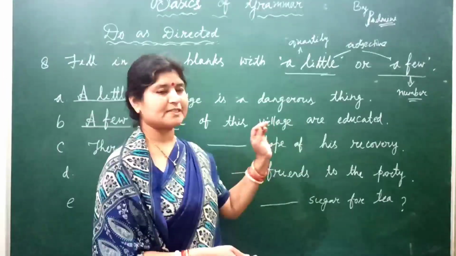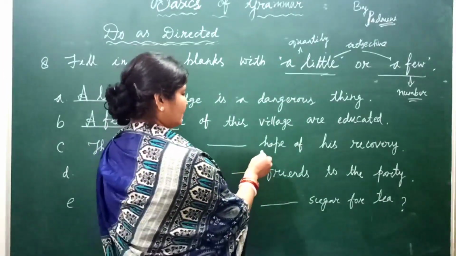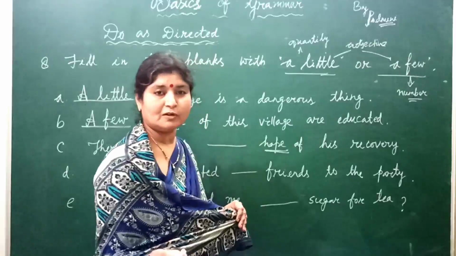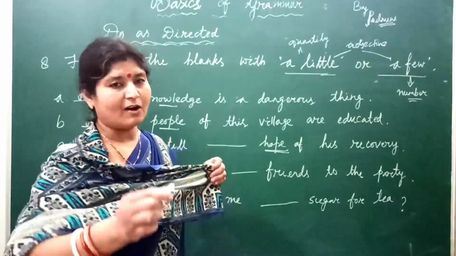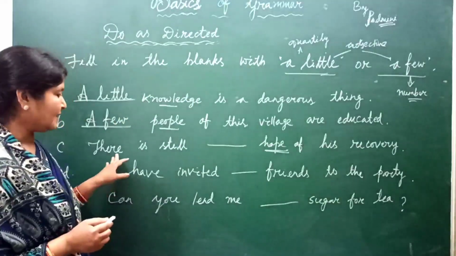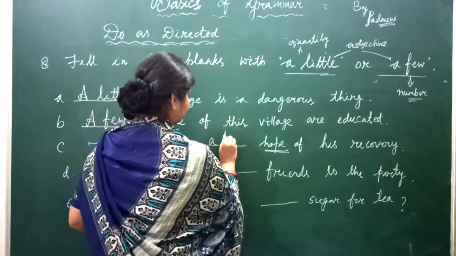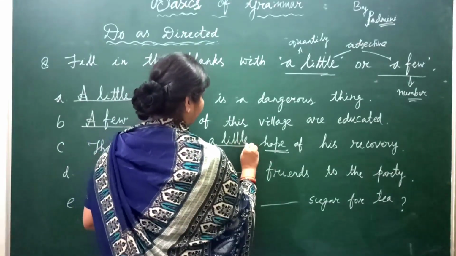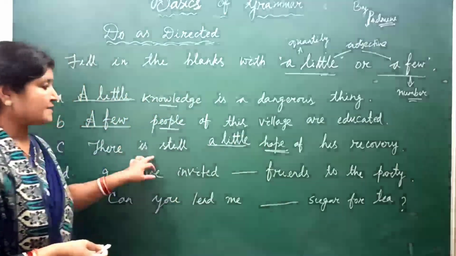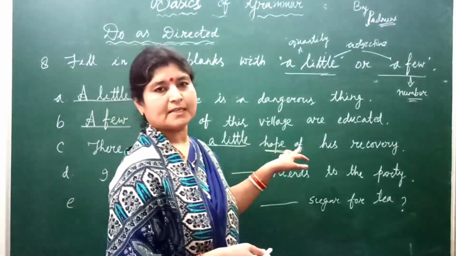There's blank hope of his recovery. Hope is also an uncountable noun. So what do we use here? There is still a little hope. Very good. There is still a little hope of his recovery.